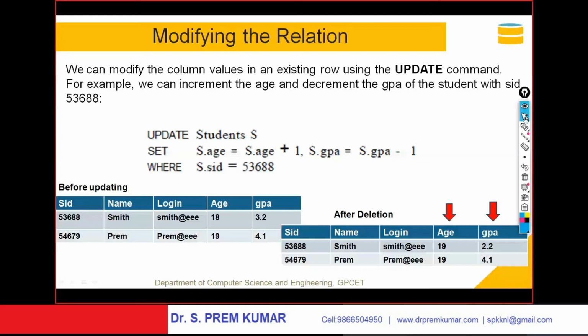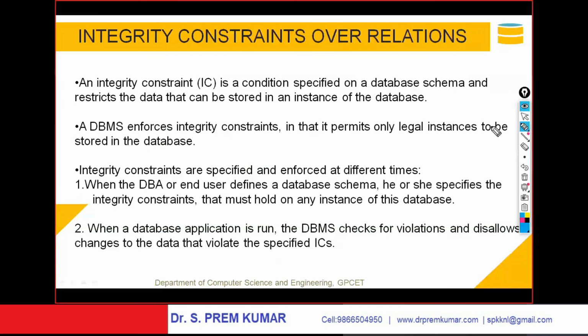So now let us have a discussion on integrity constraints over relations. In short, I am calling it an IC, which stands for integrity constraints. As I told you previously, suppose I enter the age of a student. The age of the student should lie between 16 years and 26 years.